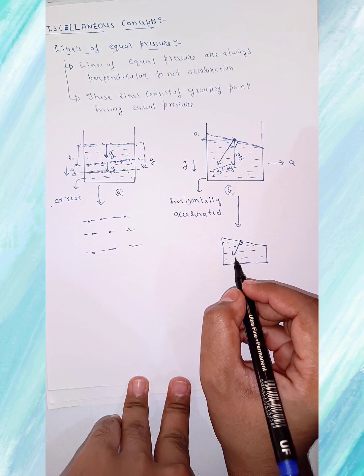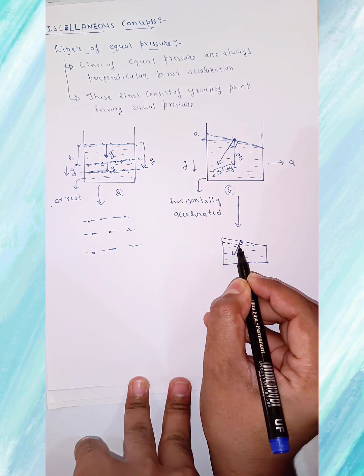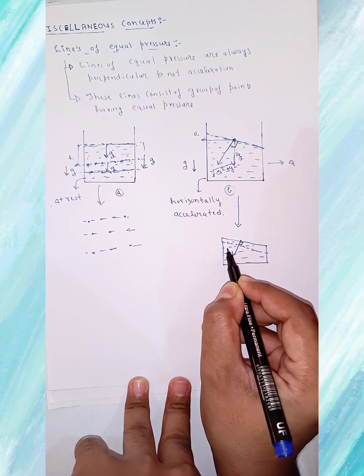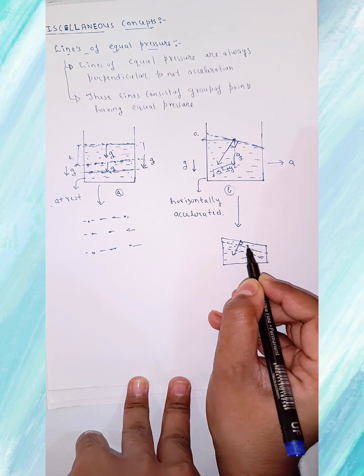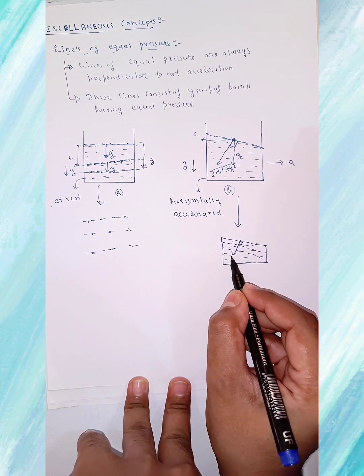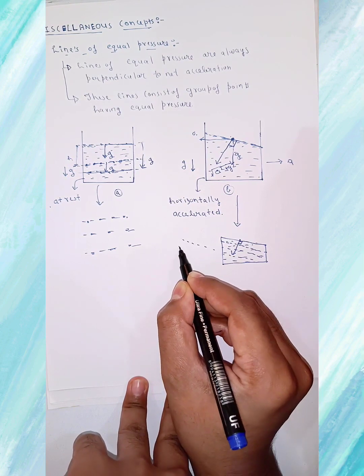So it's obvious that lines of equal pressure will be somewhere like this, perpendicular to the net acceleration and parallel to this inclined water surface, like this.